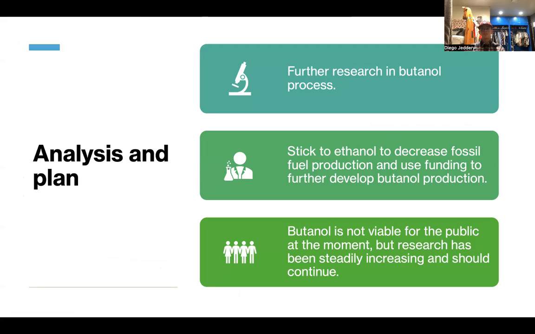And we could use the funding from ethanol production to further develop butanol production, as it is the better biofuel for the future. Now, as of right now, I say ethanol due to just costs to produce it, but in the future, butanol should be viable for the public.